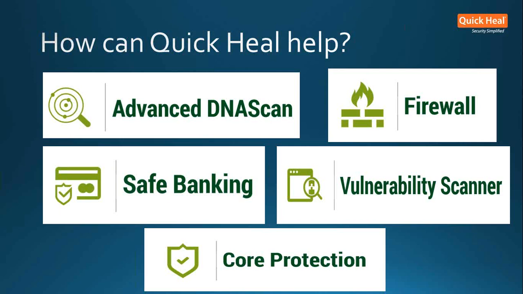Now the Quick Heal Advanced DNA Scan identifies these unusual patterns as it monitors these programs. So all these malicious programs are scanned for 3 levels of detection: high level of behavior detection, moderate level of behavior detection, and low level of behavior detection.